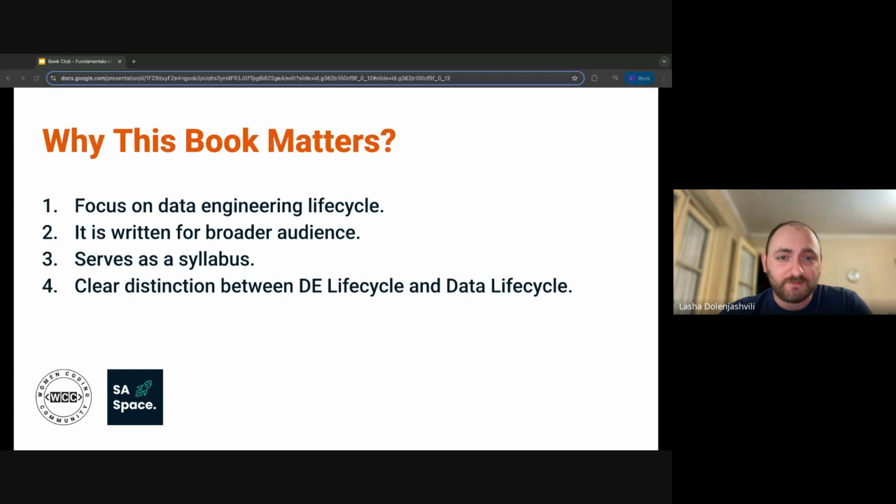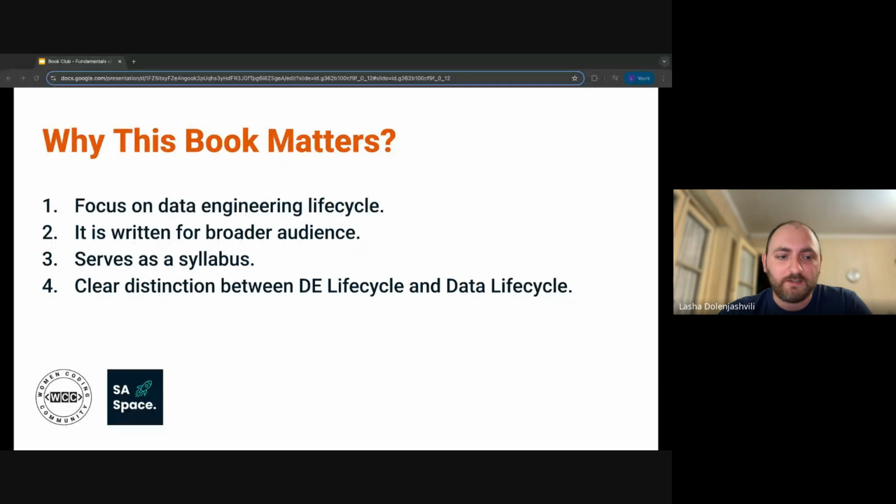As I mentioned on the first slide, it serves as a fantastic syllabus. I would recommend reading it first to get the big picture map, understand the stages and the undercurrents, and then treat each chapter as a starting point for a deeper investigation into the tools, patterns, and challenges of that specific area.